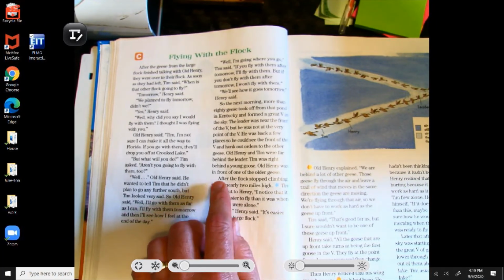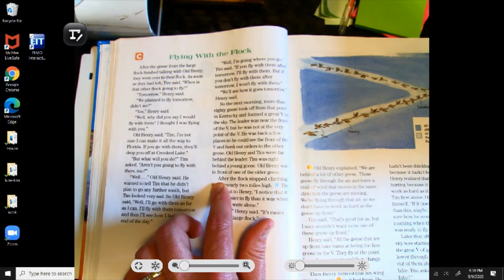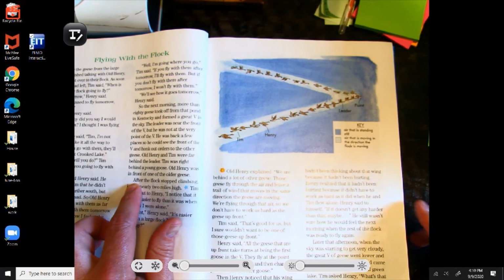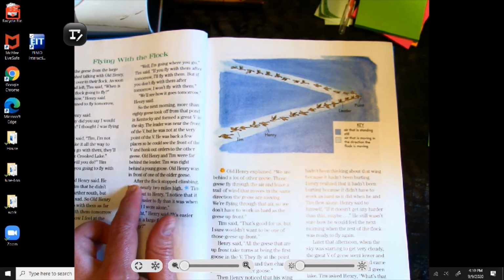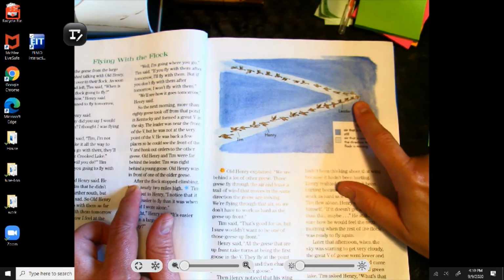So everyone, hold that spot with one of your fingers, or keep your bookmark there. Let me ask you a couple of questions about this picture. I'm going to scoot mine over so you can see it. So, touch the point of the V. Good. Is the leader at that point?